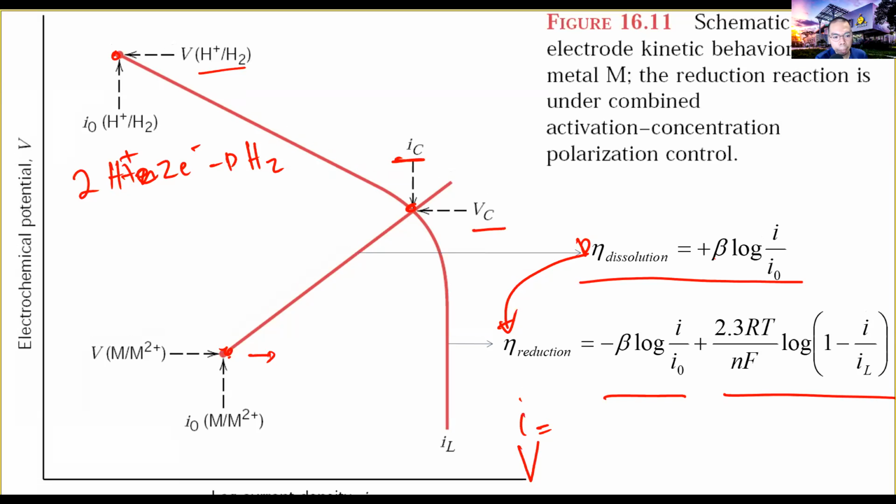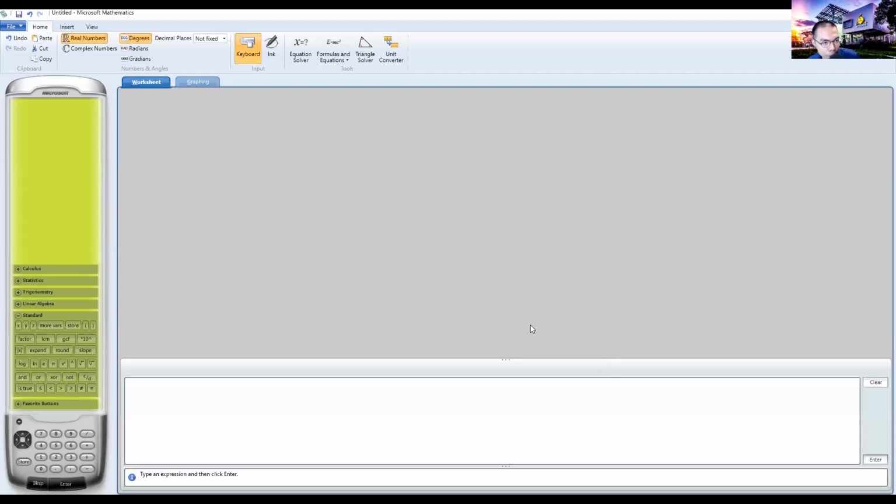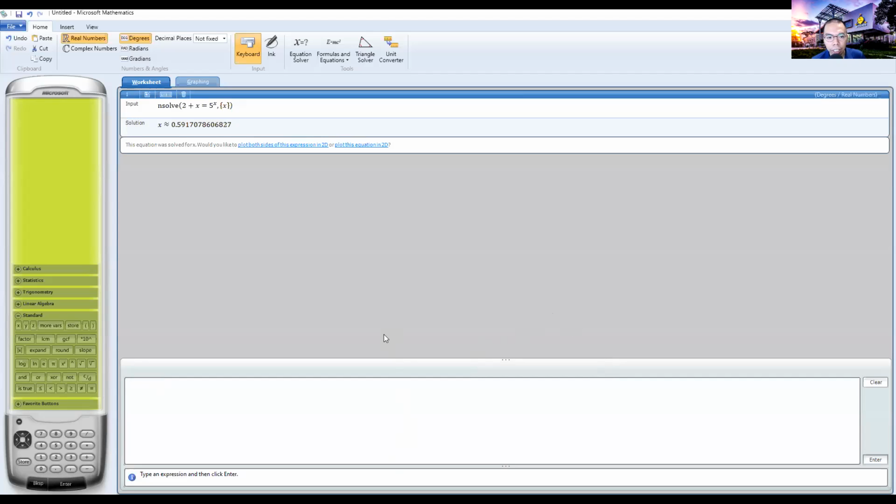One such example is, where's my Microsoft Mathematics? If you're not aware, Microsoft has math solving software. It's called Microsoft Mathematics. You can just input, let's say, x = 2 + x is equal to 5 raised to x, then you can solve our equation.